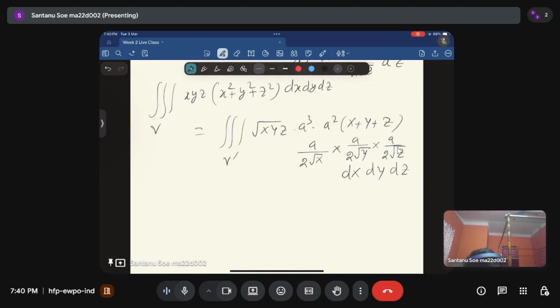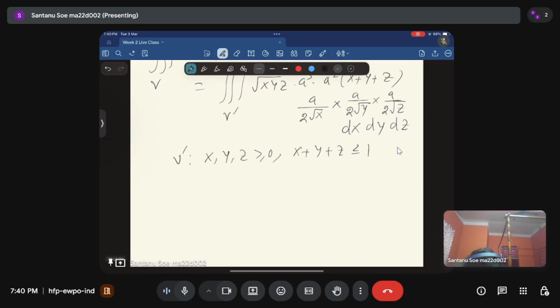So the region V prime is just capital X, Y and Z greater than or equal to 0, and capital X plus capital Y plus capital Z less than or equal to 1. Now this is because x square plus y square plus z square is less than or equal to a square.